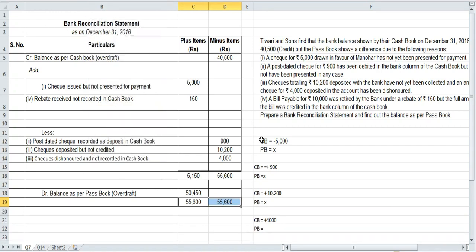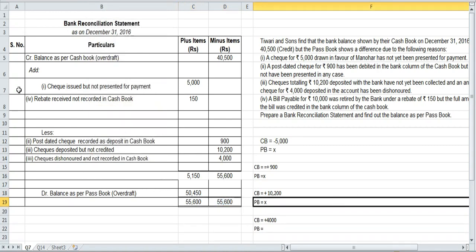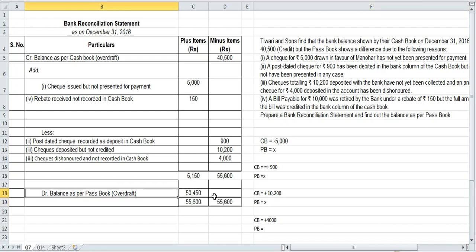Okay, so credit balance as per cash book, minus side because this is overdraft, credit means minus, and then we have the ending will come as debit balance as per passbook. Okay, so we are done with this question.